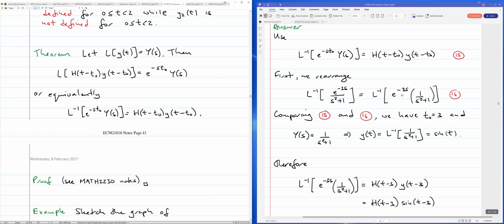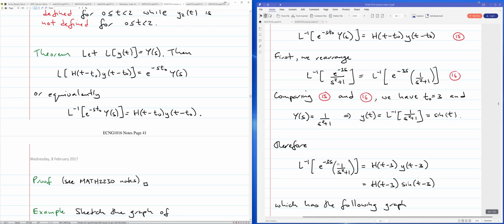Also, you need to identify the t0, which in this case is 3. And then finally, your Laplace inverse is the Heaviside times small y of t minus 3. And now all you need to do is figure out what the small y of t minus 3 is. You should have figured out what the y of t is from before, from the Y of s, by taking the inverse Laplace transform. And then finally you just shift that small y of t to y of t minus 3 to get your answer.